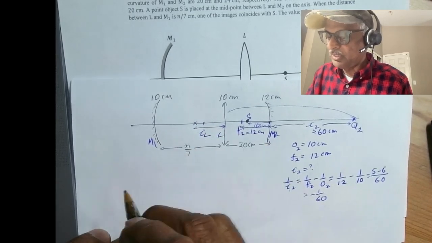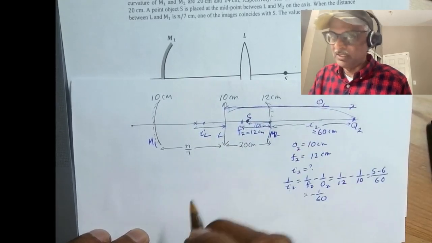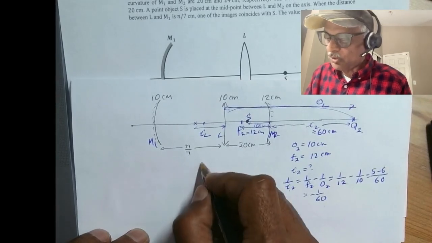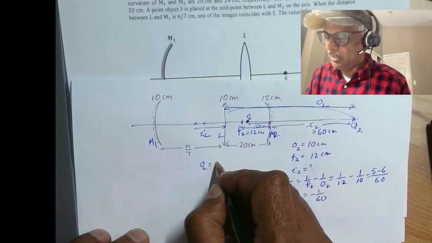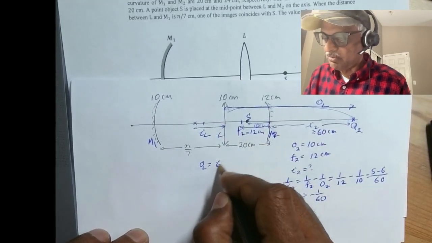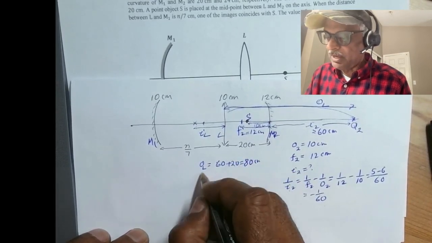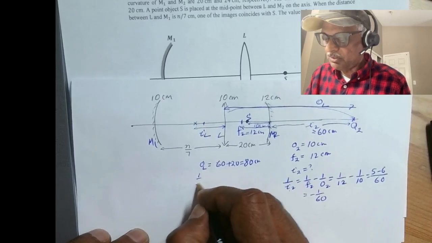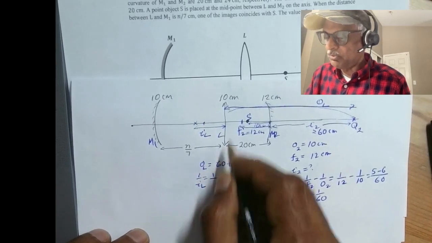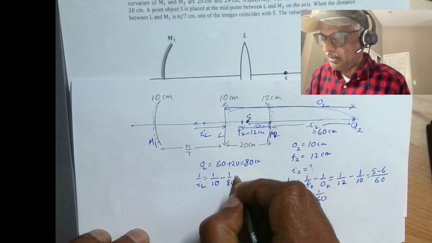The object distance for the lens is 60 plus 20, which is 80 centimeters. The focal length is 10 centimeters, so 1 over the image distance is 1 over 10 minus 1 over 80.